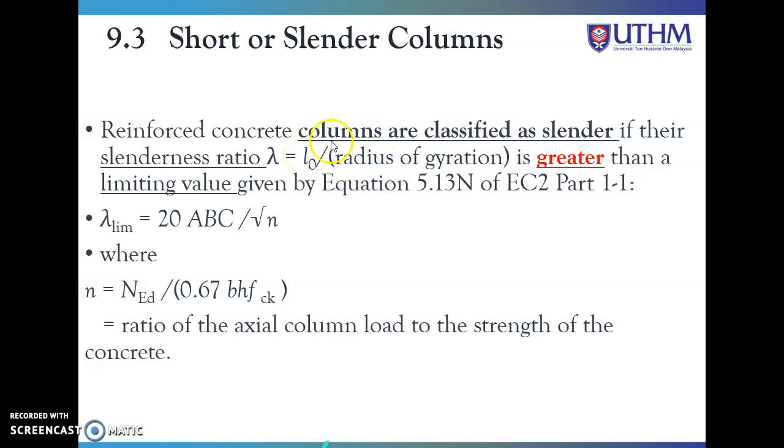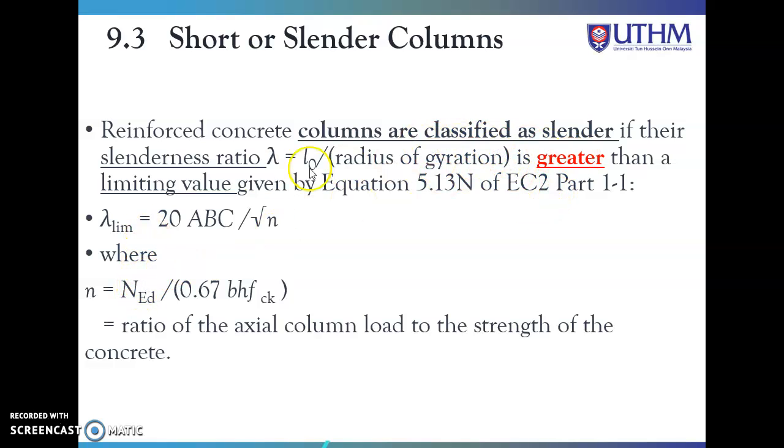height. Okay. So the reinforced concrete column are classified as slender if their slenderness ratio is greater than the limiting value. Okay. So maksud nak cakap kat sini, ini adalah dia punya limiting value yang dibenarkan. So we need to calculate the slenderness ratio.